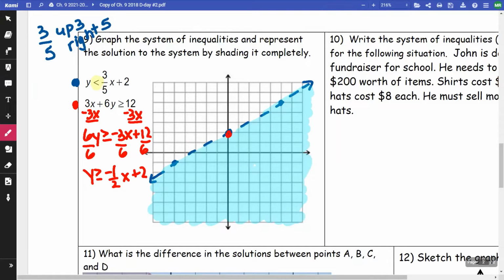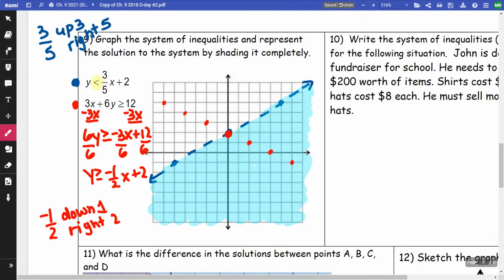So my y-intercept is 2, so they share that. But now since my slope is negative 1/2, I'm going to go down 1, right 2. And then up 1, backward, left 2.